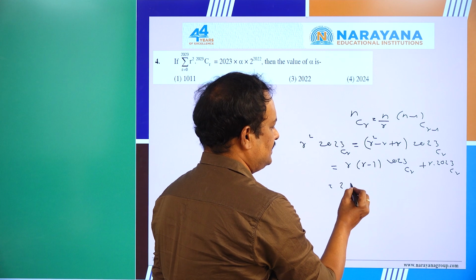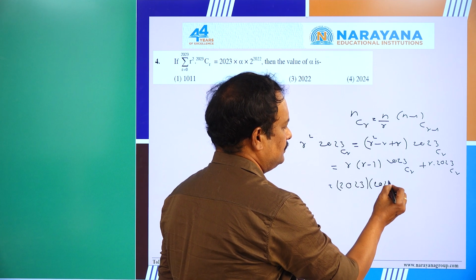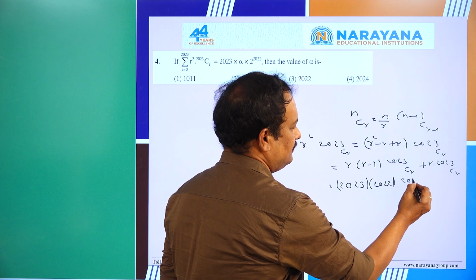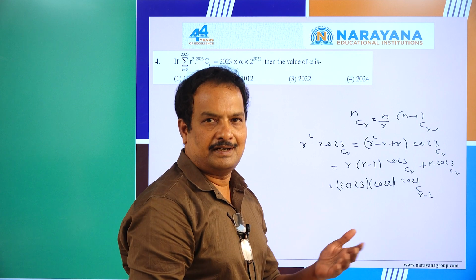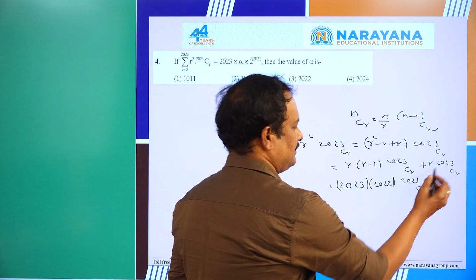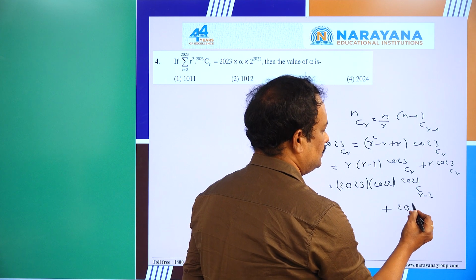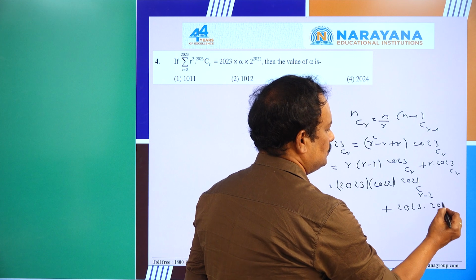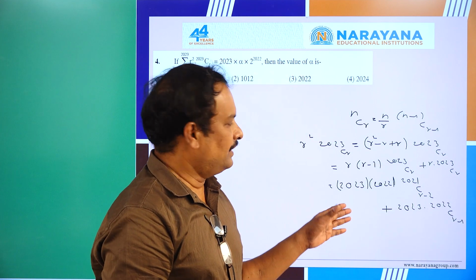So finally this is 2023 into 2022 into 2021 C r minus 2, because r and r minus 1 are getting cancelled when you apply this formula twice, of course. What about the next one? Same formula if you apply for the second part, r will get cancelled, 2023 into 2022 C r minus 1.